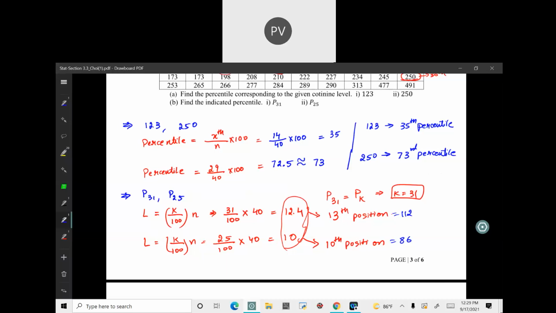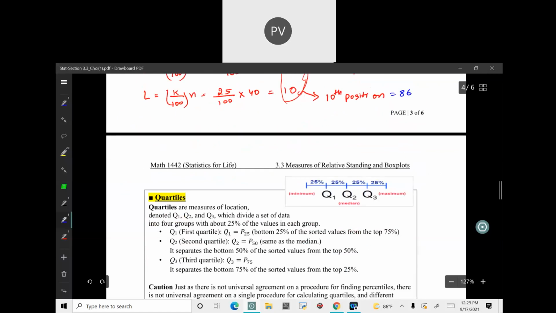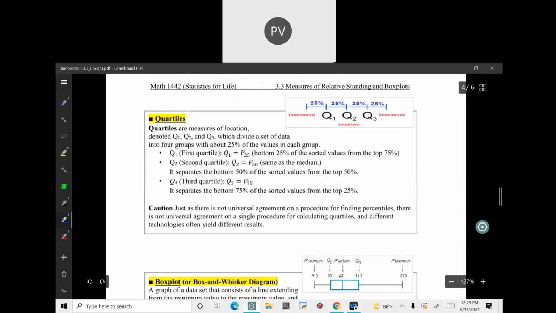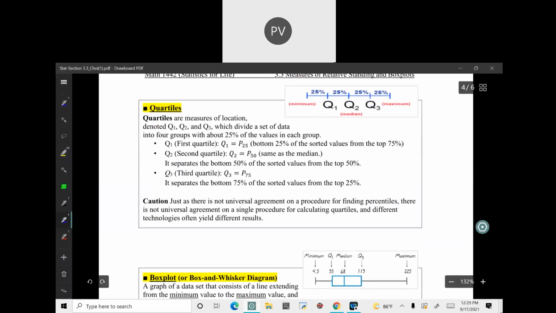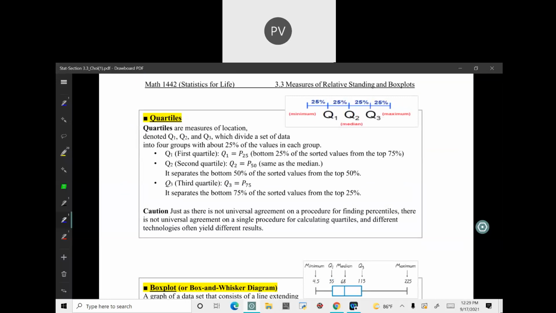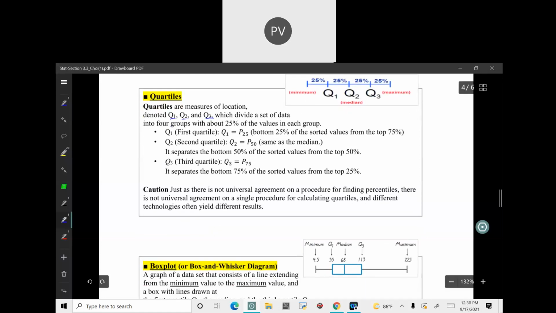Okay. Moving on to quartiles. So quartiles are also used to measure the location of a data set, and we have 3 quartiles. So that is Q1, Q2 and Q3. So what does this denote?